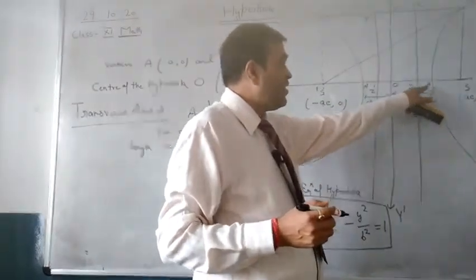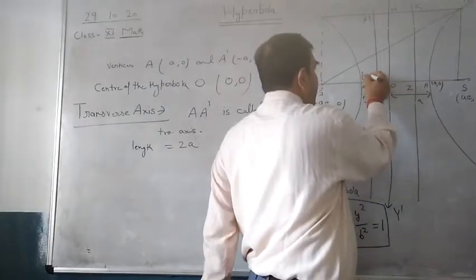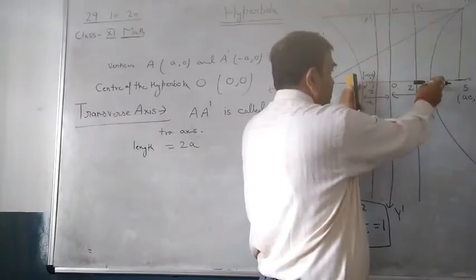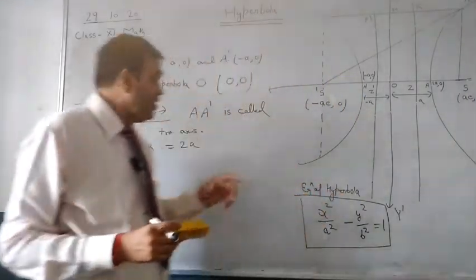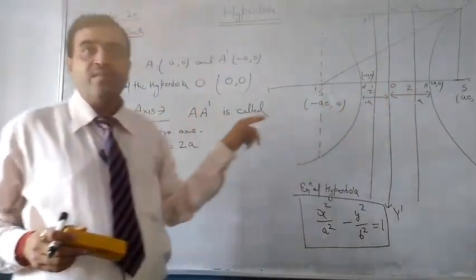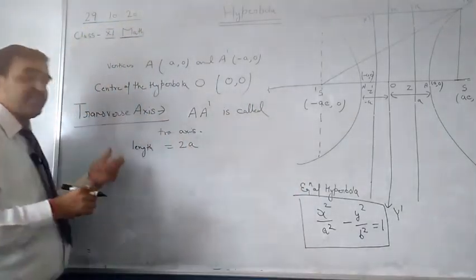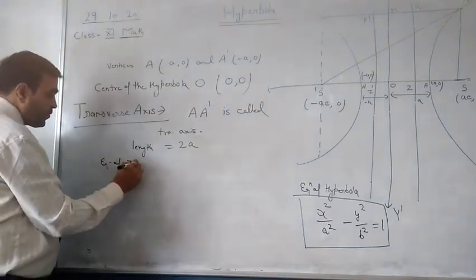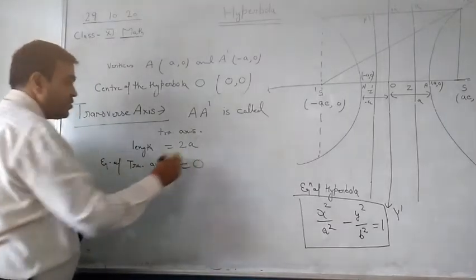Because the coordinate of A is (a, 0) and the coordinate of A dash is (minus a, 0), we can determine the length of this transverse axis by using the distance formula. It will be 2a, and the equation of this axis is y equals 0.